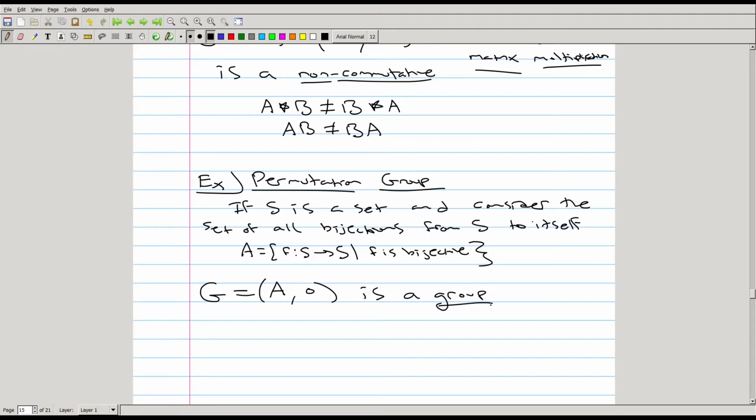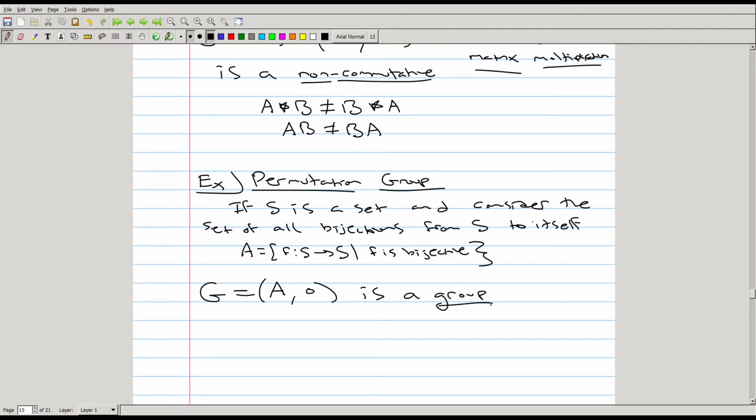Because it's relatively straightforward to go through and show that function composition is associative, and there's an identity element in this group, because you can just take the identity permutation, which is just each element mapping onto itself. That's the identity function. And lastly, any permutation, because we're dealing with bijections, can be reversed.